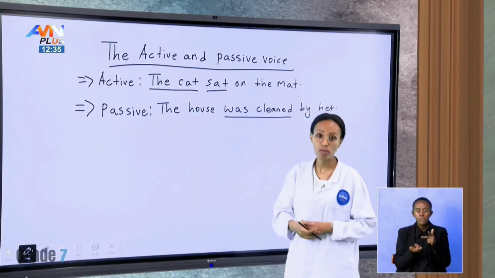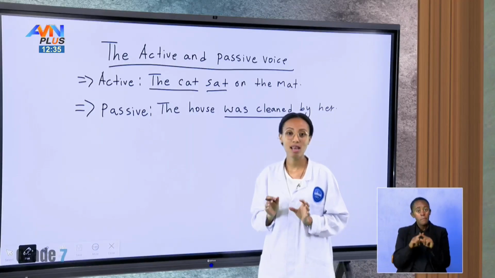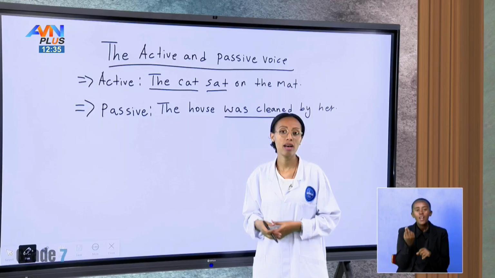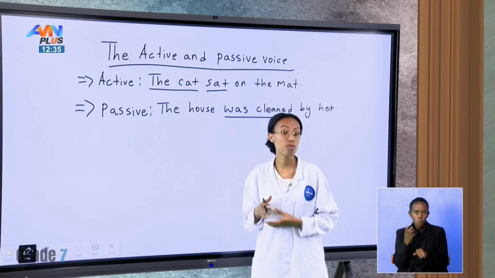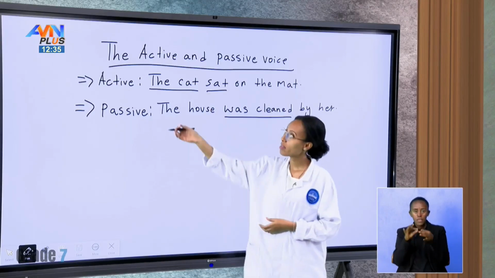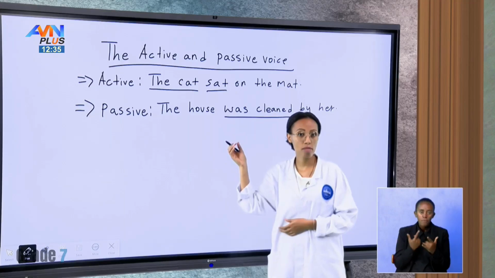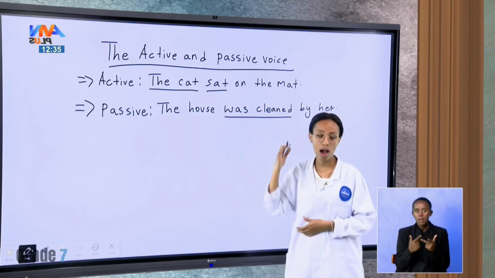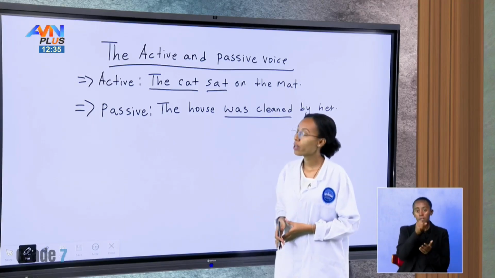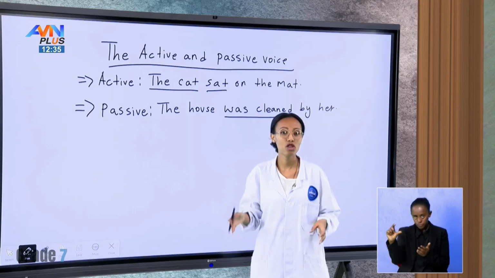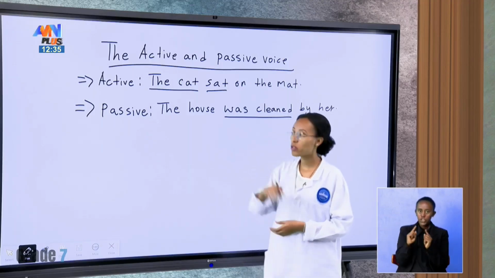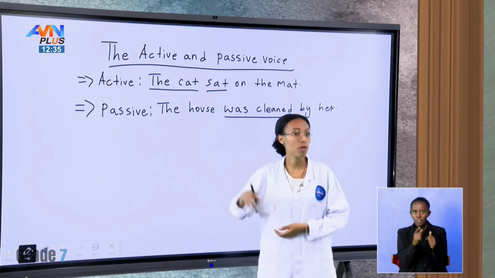But that is how we usually use active sentences, or how we form active sentences. We have the subject first, and then we have our verb, and then we have our object. But when it comes to passive, it changes, it shifts. The object comes first, and then we have our verb, and then the subject later on.